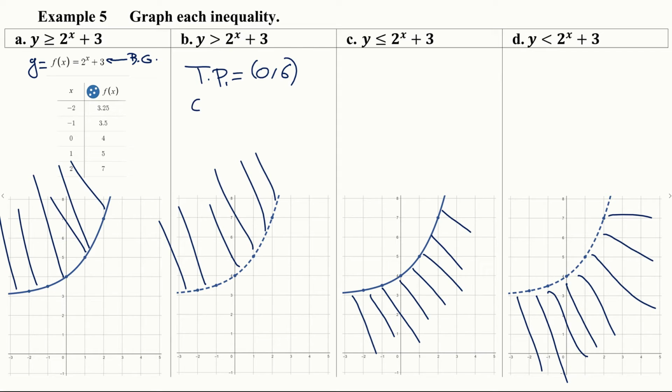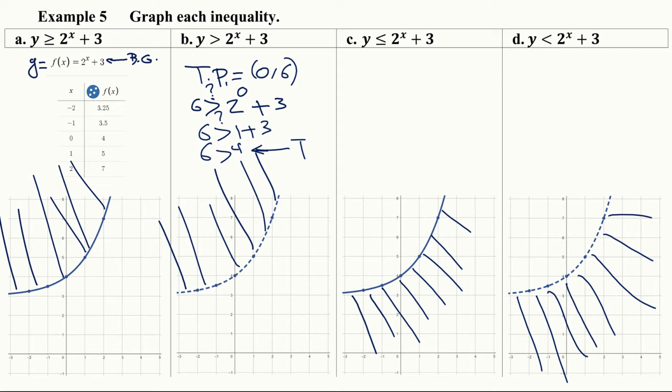So y is 6. We want to know if it's greater than 2 to the power of 0 plus 3, right? Notice the x is 0. So we want to know if 6 is greater than 1 plus 3. We want to know if 6 is greater than 4. Well, that's true, right? So I can get rid of the question mark because I'm not checking anymore.